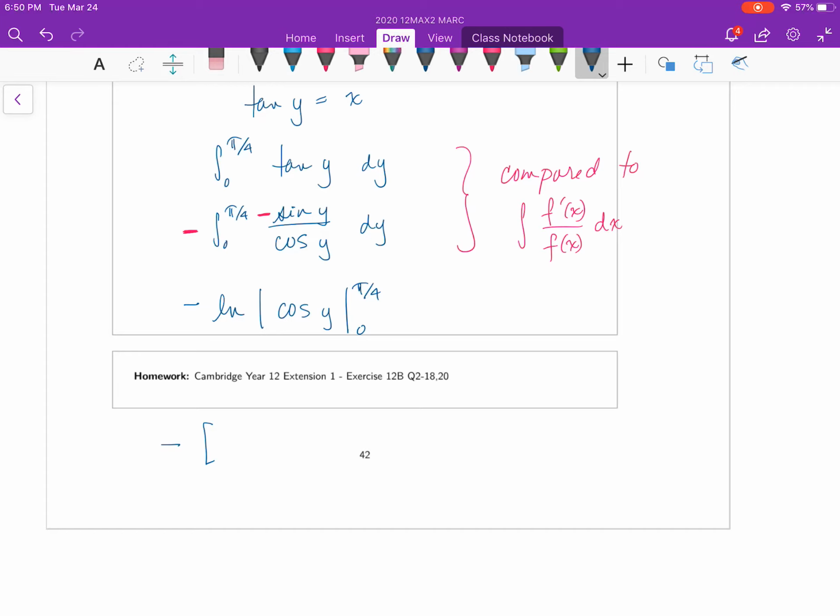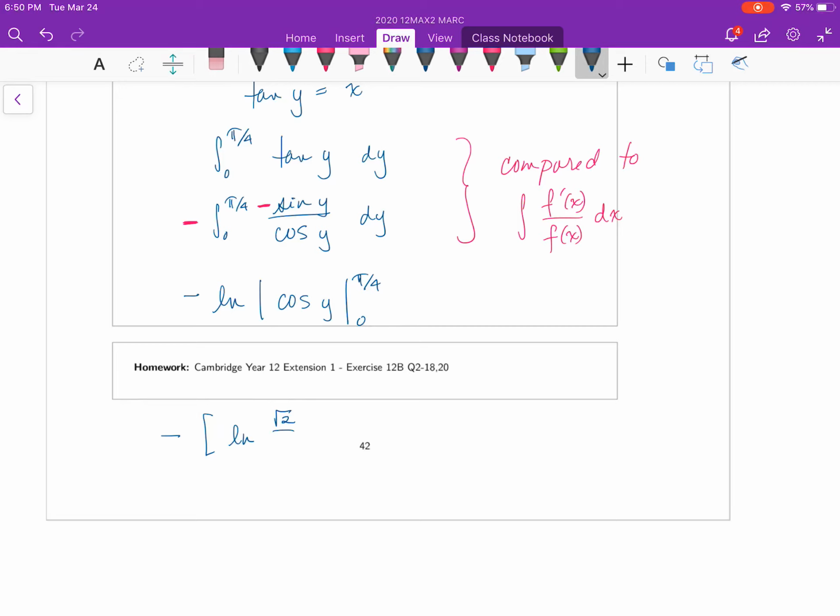So ln of the cosine of pi on 4, the cosine of pi on 4 is root 2 on 2, minus the ln of cosine of 0. The cosine of 0 is 1. So I've got minus, or a negative, ln of root 2 on 2.